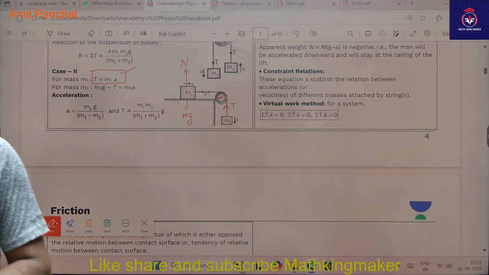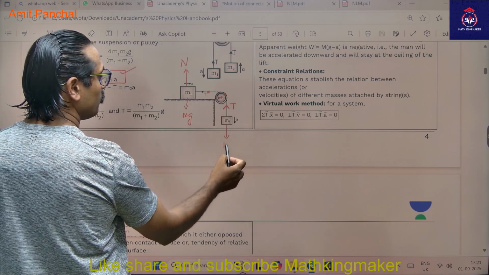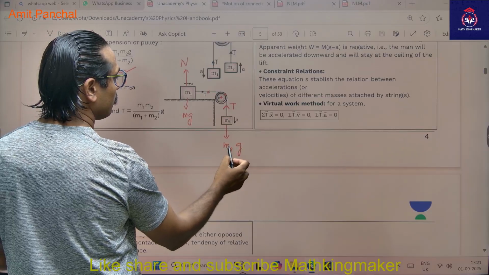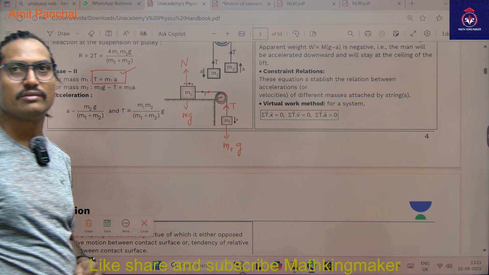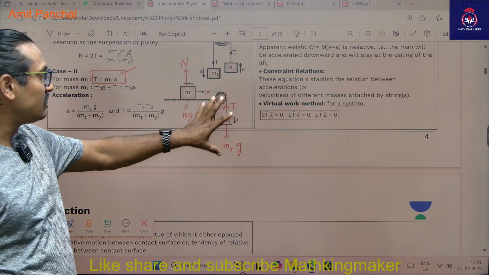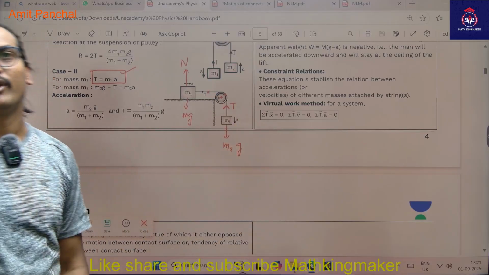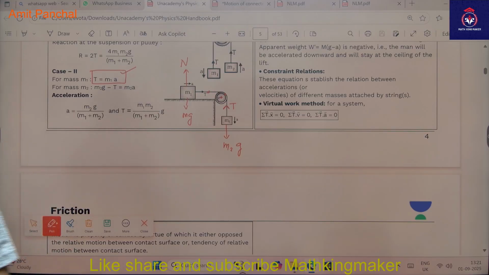Do you understand it? For the second one, m2g is downward, tension is upward. The body is also moving. So the resultant of T and mg will give you m2a, isn't it?